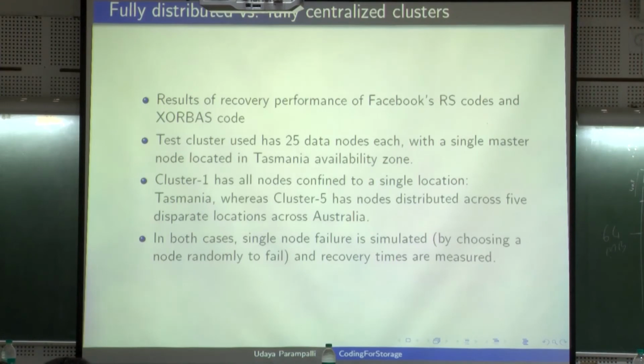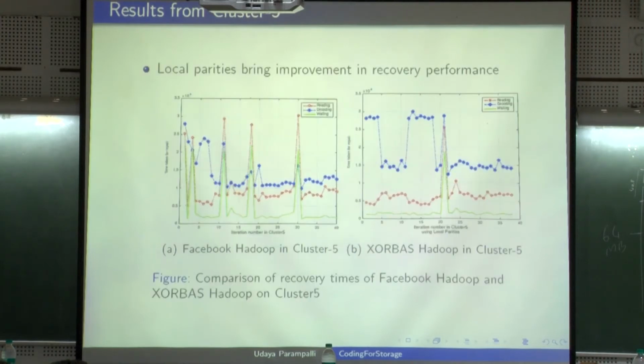In both cases a single node failure was simulated, the same process with the node failing, and the recovery times were measured. You can see the results from cluster 5: the local parities actually bring some improvement, but this is the Facebook Hadoop cluster 5 and Sorbus. This, for example, is the reading time, and these are the results pertaining to individual runs of the program.